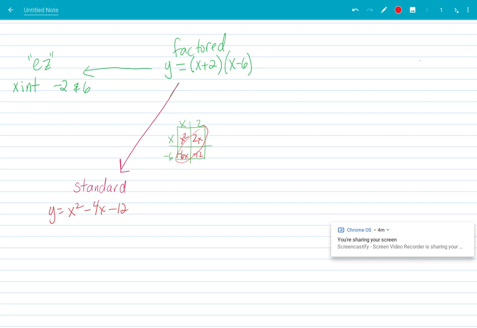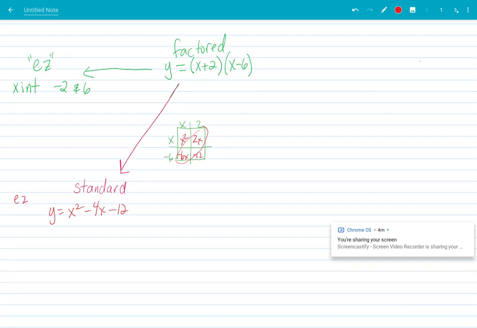All right, guys, what's easy to find in standard form? X-intercepts, y-intercept, or vertex? Y-intercept, okay. And what would that be, Nathan?